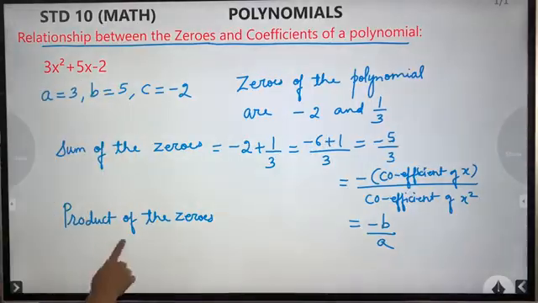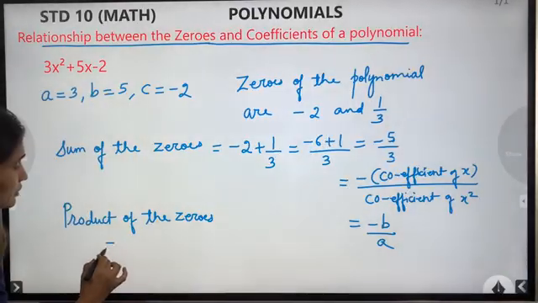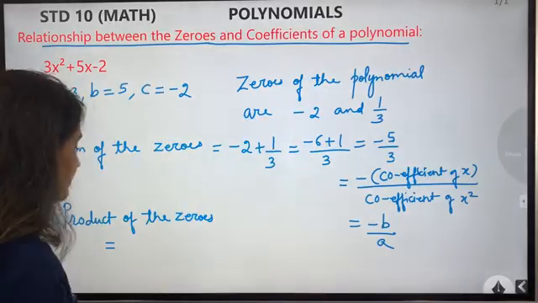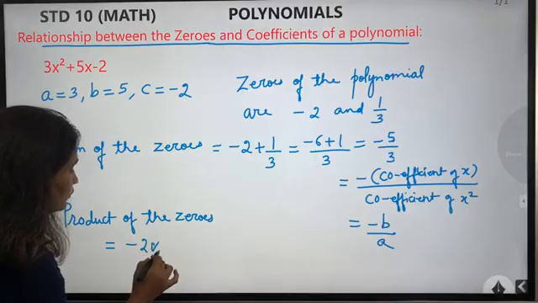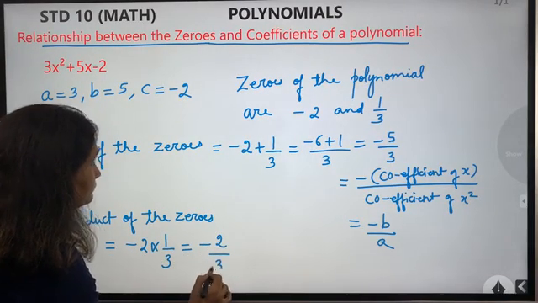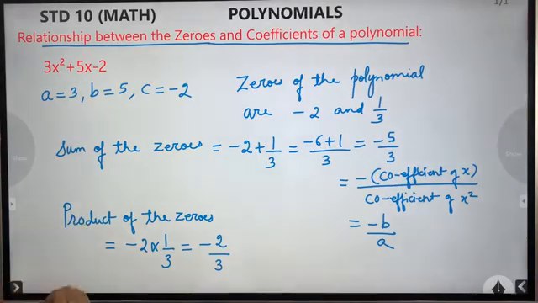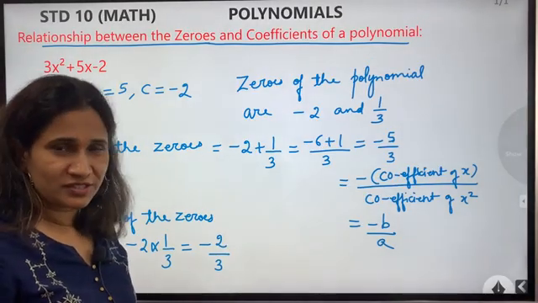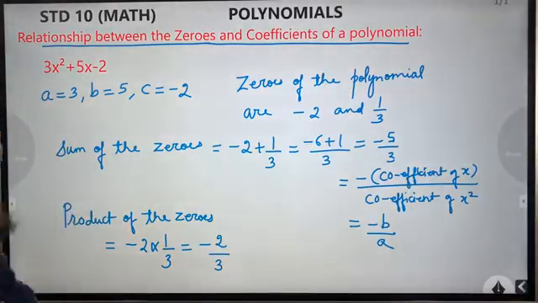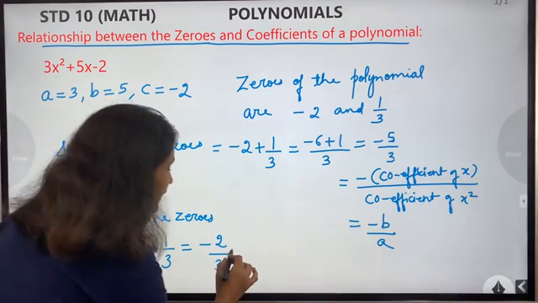In the similar fashion, I am going to explain you the product of the zeros. When you say product of the zeros, that is minus 2 into 1 by 3. So I am doing minus 2 into 1 by 3, and what do I get, children? Minus 2 by 3. Now when I see minus 2 by 3, isn't minus 2 my constant for the polynomial? And what is 3? 3 is the coefficient of x square. So can I write it now?